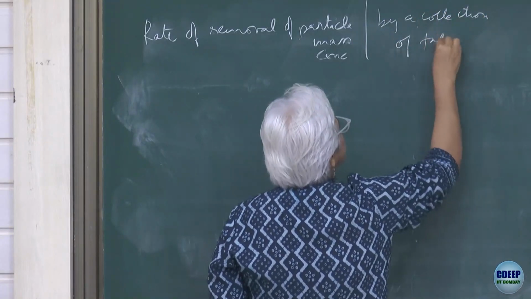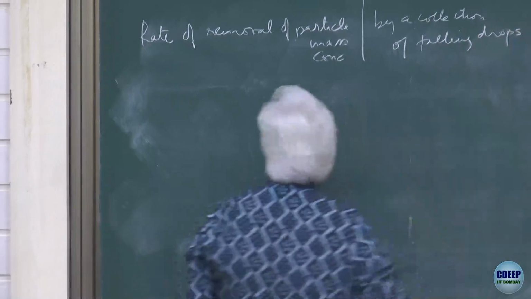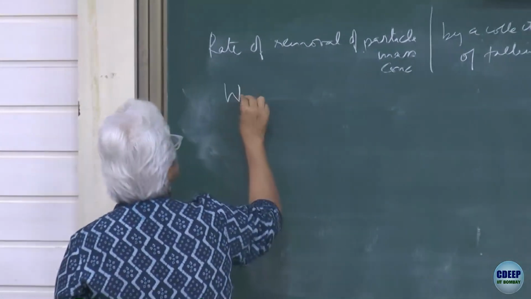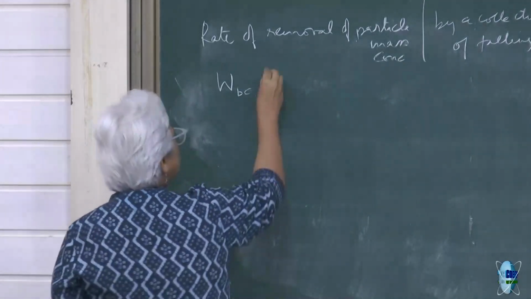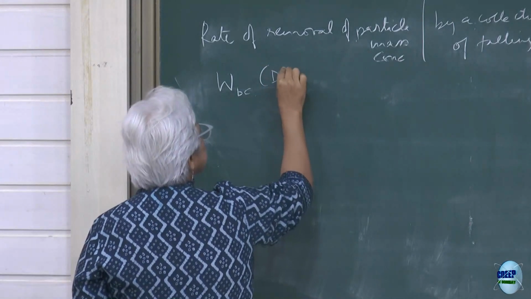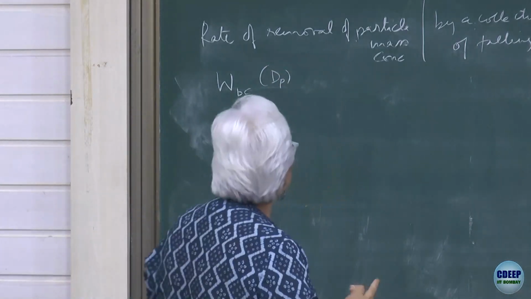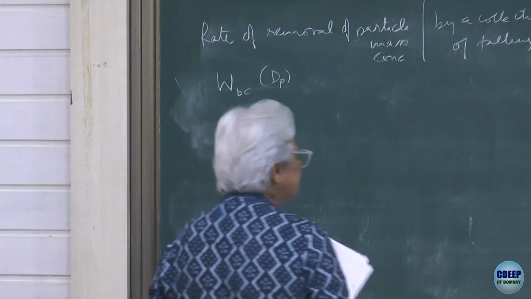Of falling drops, and for some reason this is termed W below cloud, and for now we will write it in terms of dP.